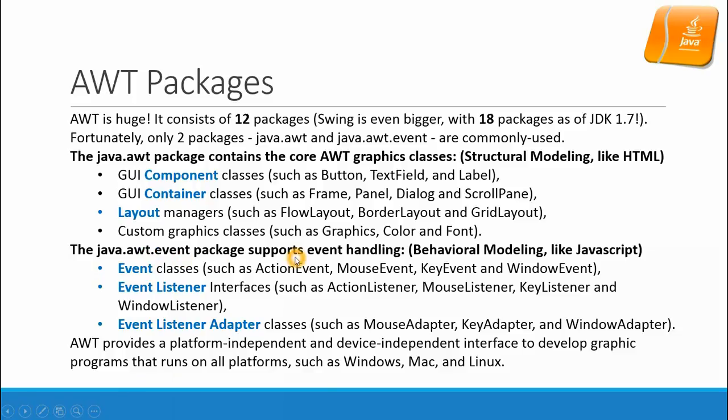The java.awt.event package supports event handling. It is used for behavioral modeling, just like JavaScript. So java.awt components or containers are used to describe the structure of the Java windows, frames, or dialogs. And java.awt.event is used to handle the behavior such as mouse click, key click, or window close, something like that.